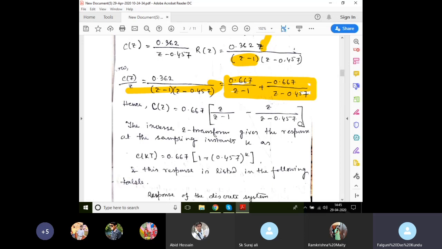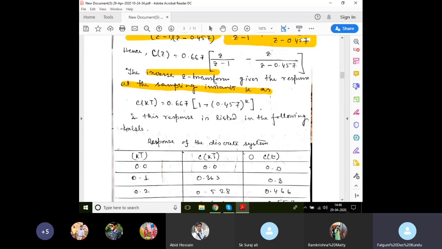Now if we take the inverse z transform, it gives the response at the sampling instant k as C(kT) is 0.667 into (1, that is the unit step, minus 0.457 to the power k).